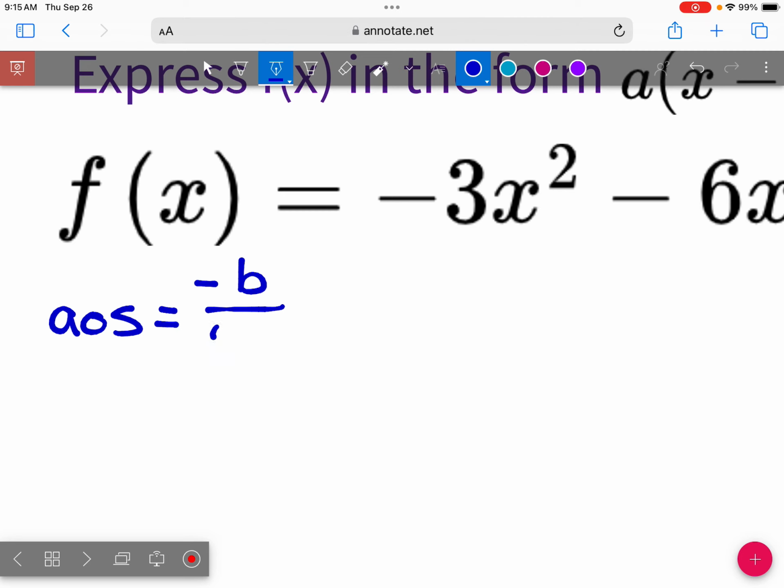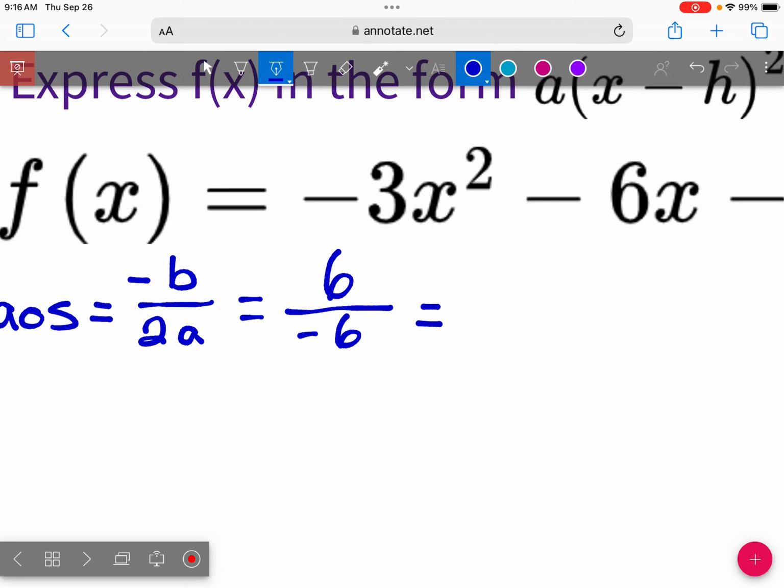That's my negative b over 2a. So how are we going to build our axis of symmetry? 6. Opposite of negative 6 is positive 6 over 2 times my a being negative 3. So 2 times negative 3, negative 6.